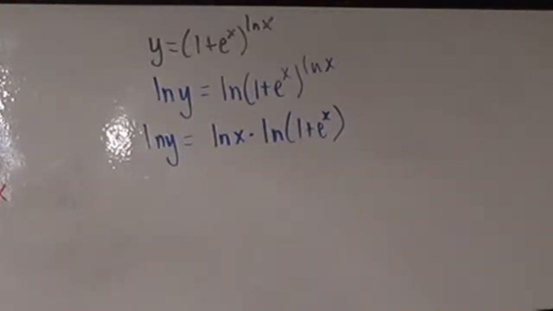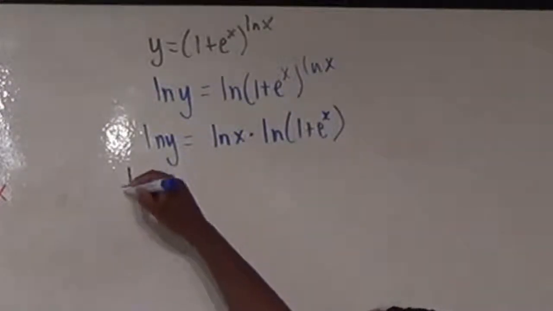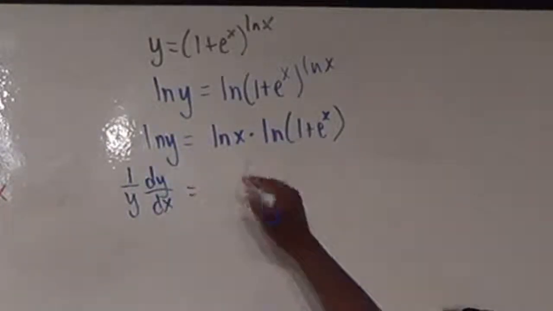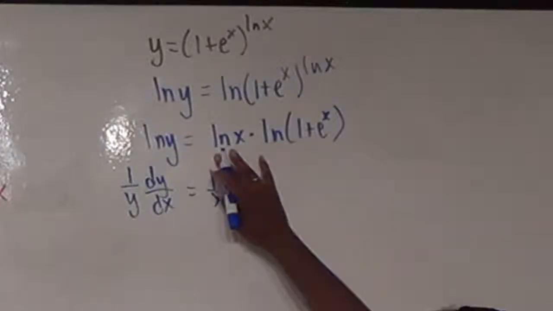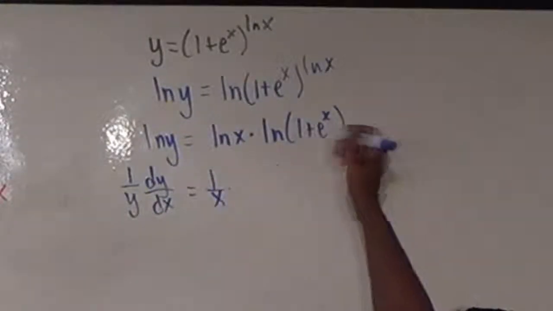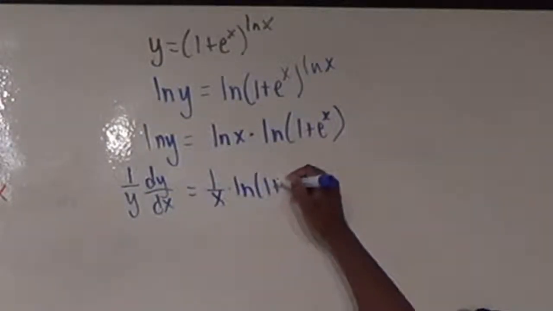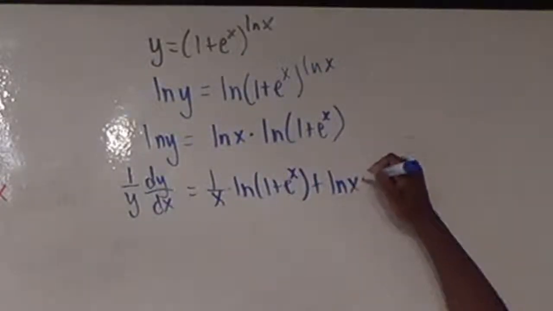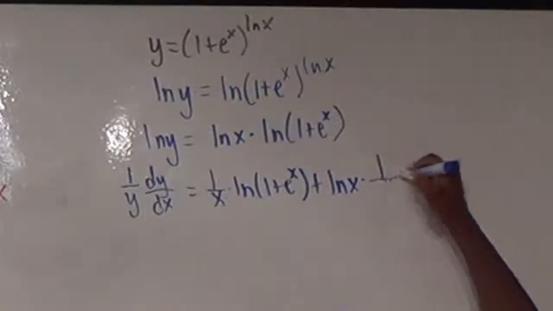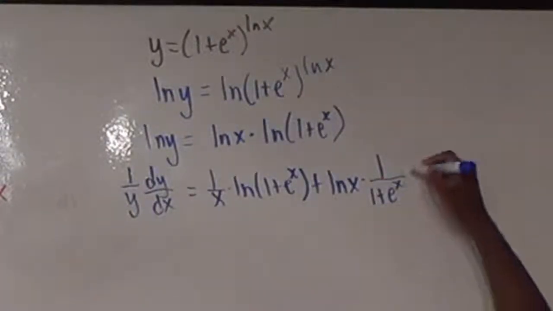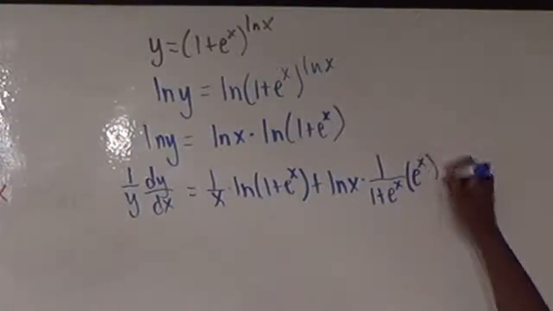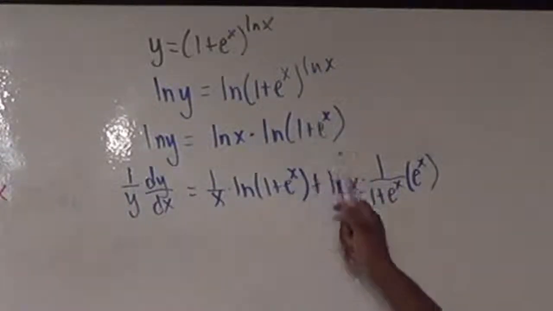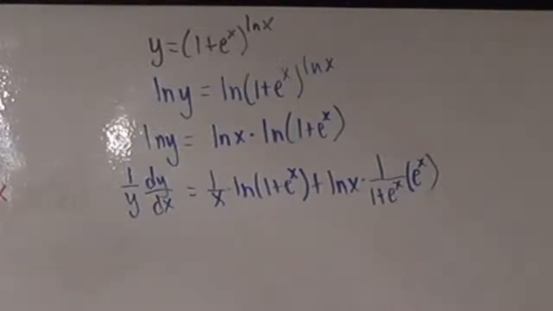Using our implicit differentiation, we get 1 over y dy dx equals 1 over x, so derivative of the first times the second, plus the first times the derivative of the second. So notice here, 1 over the argument times the derivative of the argument.